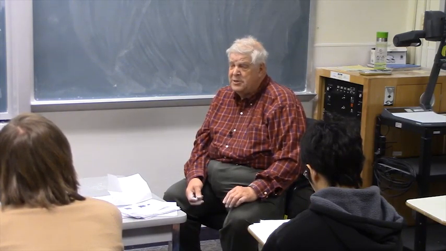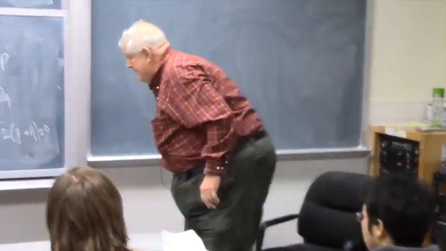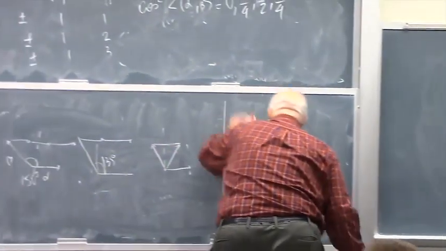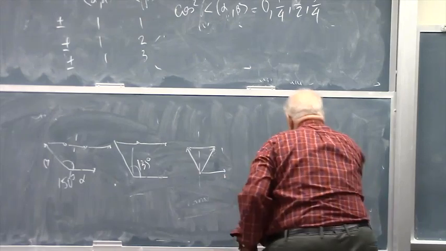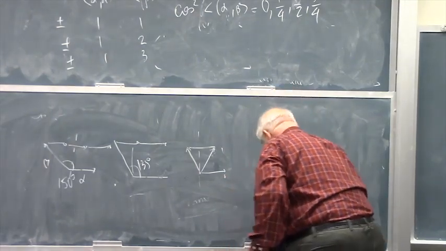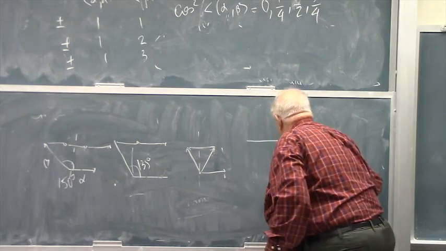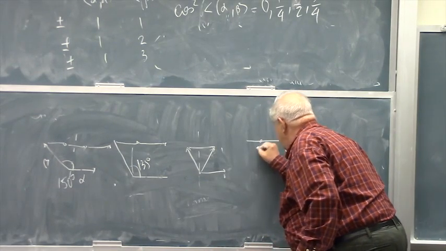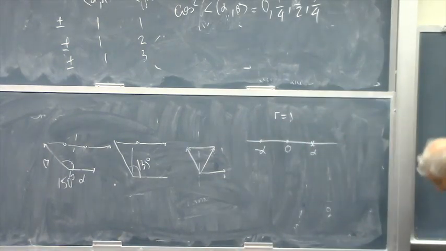So suppose that first the rank R is 1. Then my space H is a line. And the only possibility for the roots is this, right?